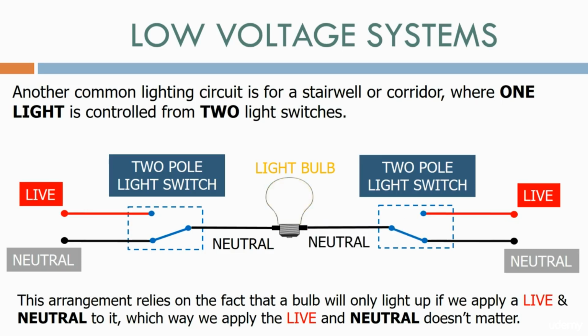By operating the right-hand switch, we change the supply from live to neutral. We now have neutral on both sides of the light bulb. It therefore doesn't light. Whichever switch we operate will change the status of the light bulb, from off to on, or on to off.